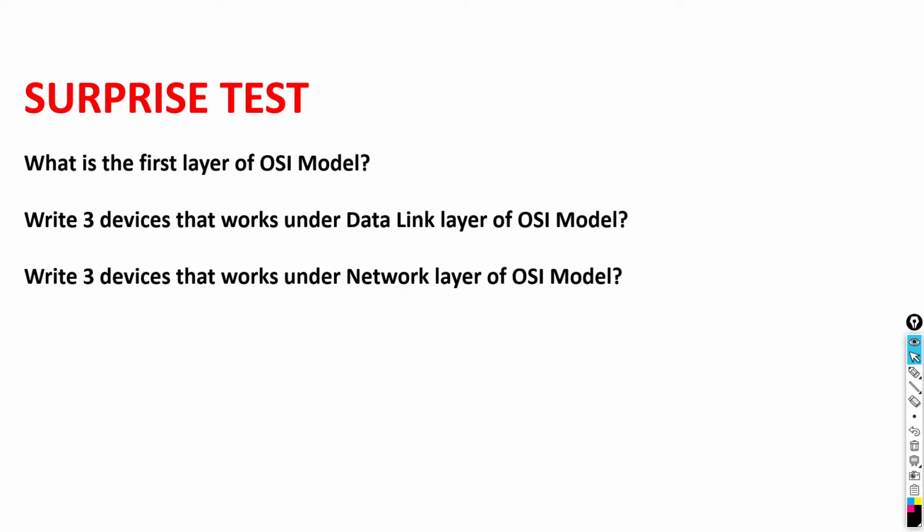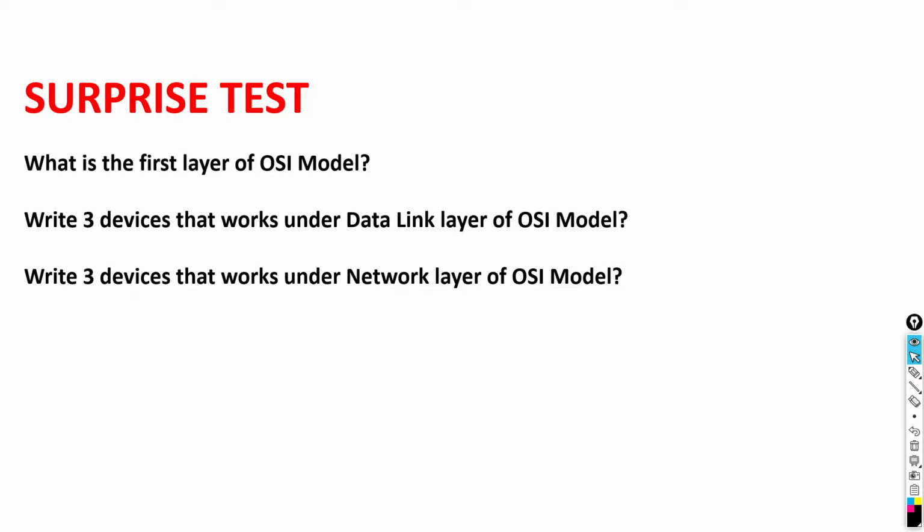Next question is, write 3 devices that work on the network layer of the OSI model. NIC is not the correct answer. Write 3 devices that work under the network layer. First, I am expecting an answer from everybody. Router.